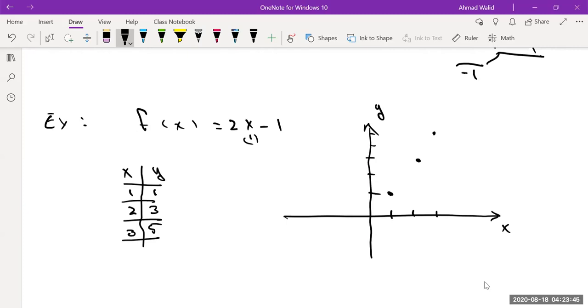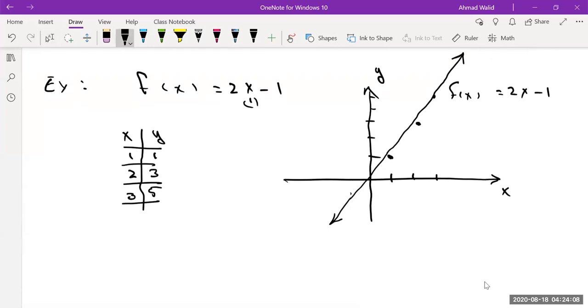And if I connect these 3 points, which my graph is always not good, I'm really bad in drawing, correct? This line represents f of x equal to x minus 1. This is the graph of f of x equals x minus 1.